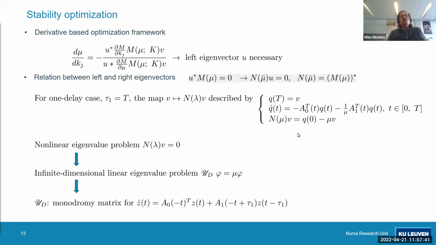And what can we do now? At the level of the non-linear formulation, we have defined a left eigenvector as a right eigenvector of some function N of lambda. Now we can do the whole reasoning which I did before in reverse order. We linearize this until we get a linear problem for an infinite dimensional operator, which can be interpreted in terms of a differential equation, namely this one.